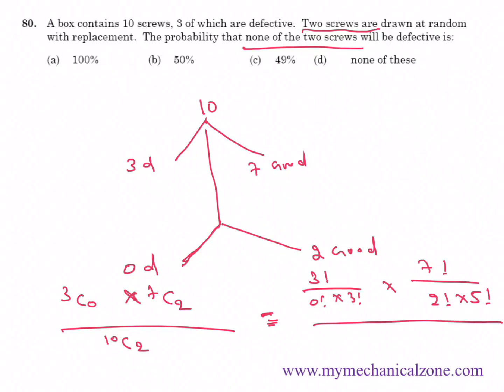If you solve this one, you will get 7 by 15 or 49%. C is your correct answer.